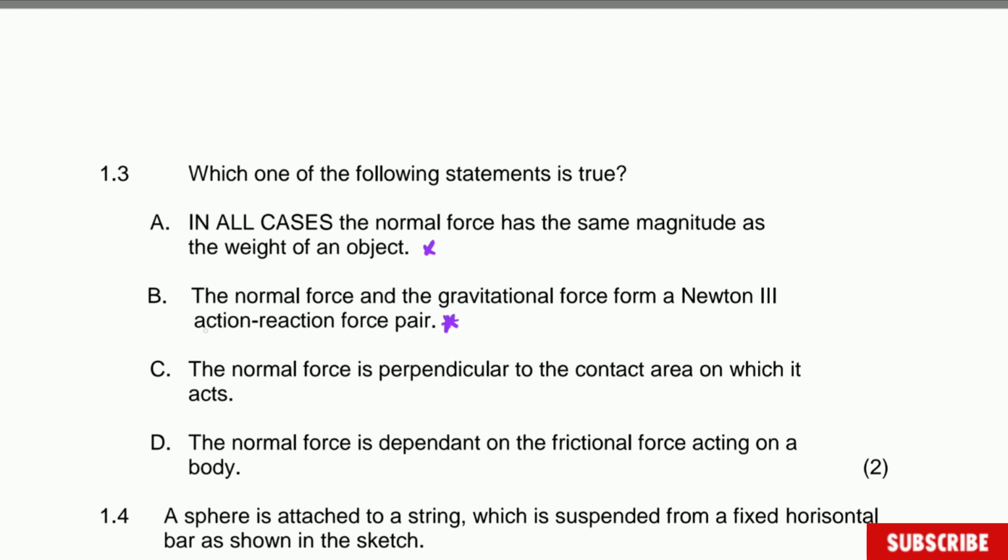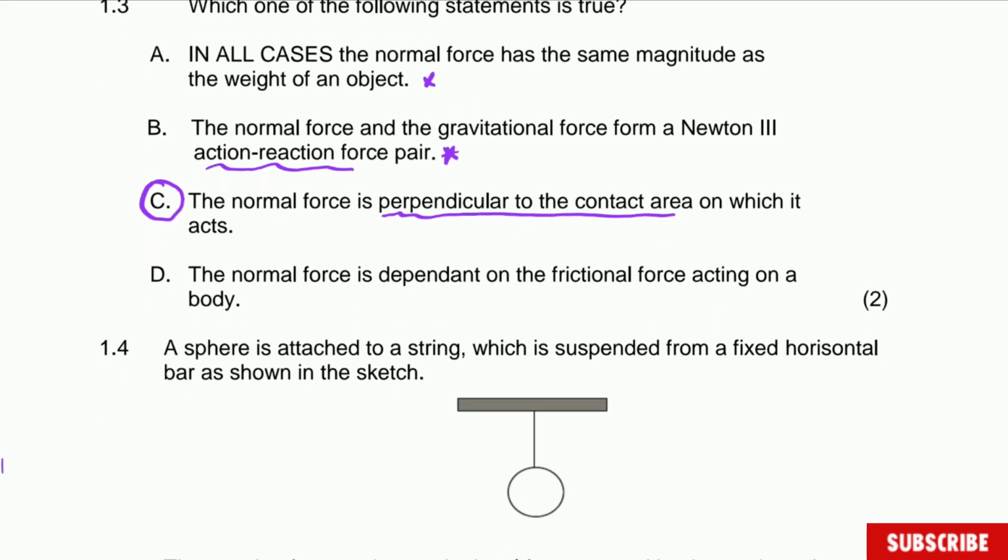For an action-reaction pair, the forces must act on different objects. The normal force is perpendicular to the contact surface. It's always like that. The normal force is dependent on the frictional force. That's not right. So the correct answer is option C.